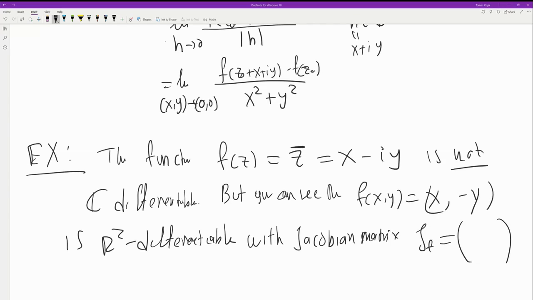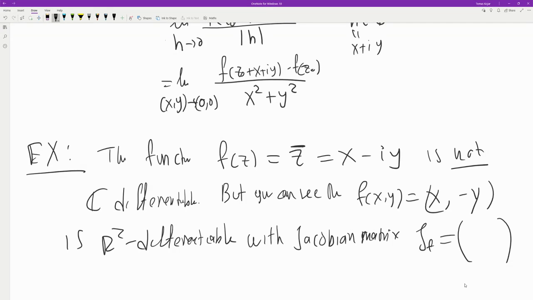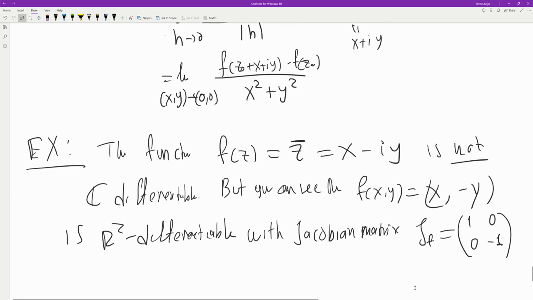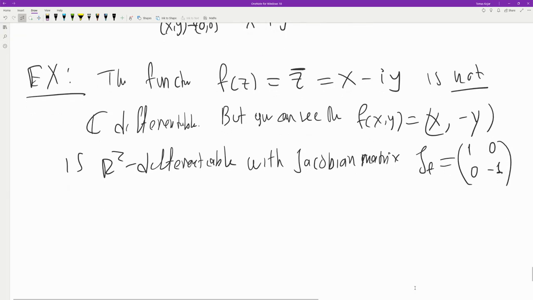So 1, 0, and 0, minus 1. Okay, so let's show that it's not complex differentiable at any point, really.